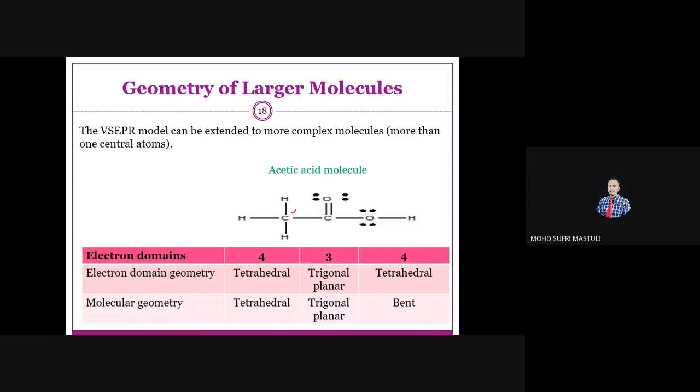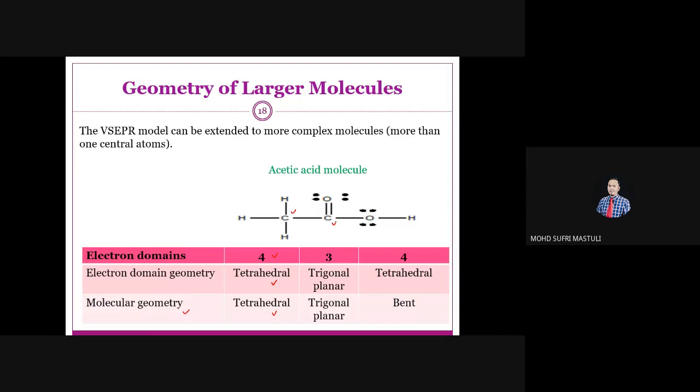So the electron domain is 4. Because of this, the electron domain geometry is tetrahedral. So the molecular geometry is also tetrahedral. Why tetrahedral? Because there is no lone pair.